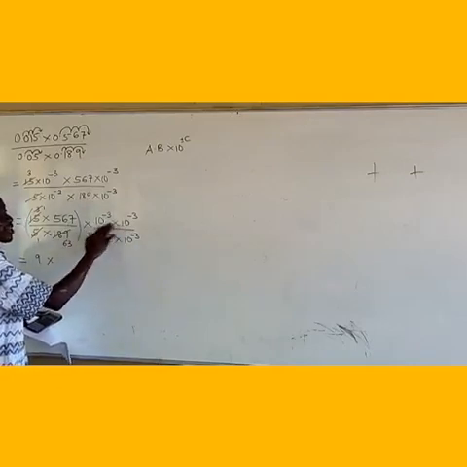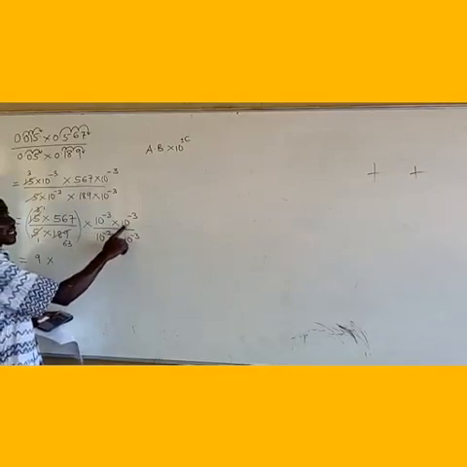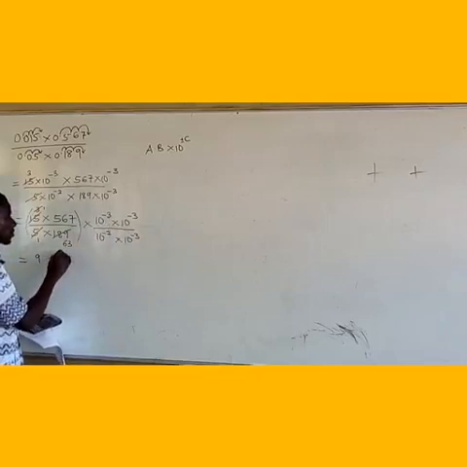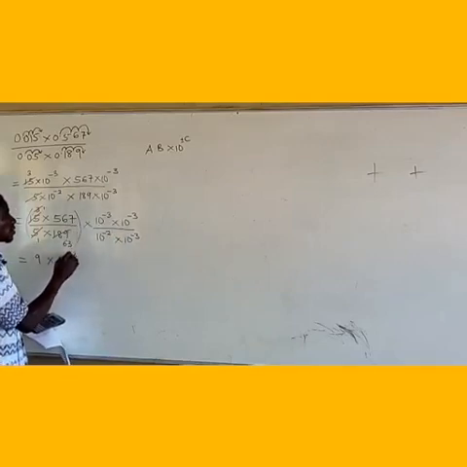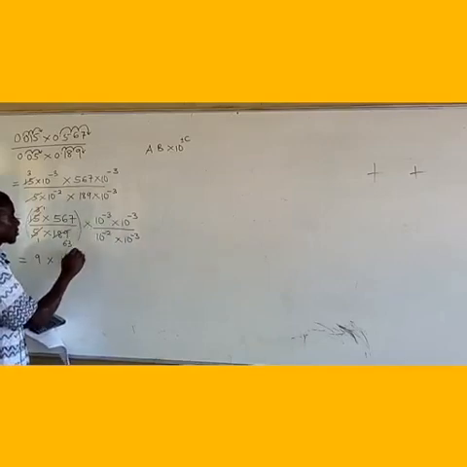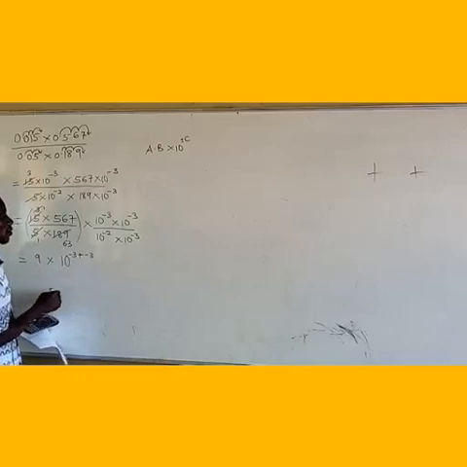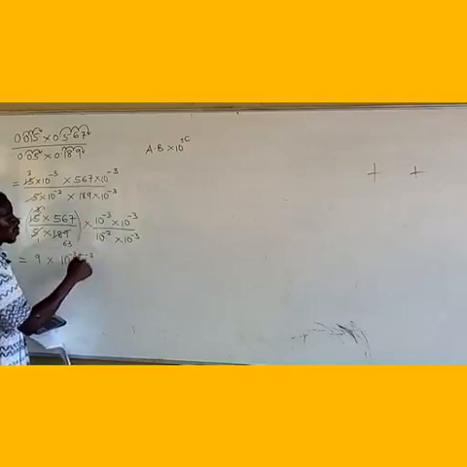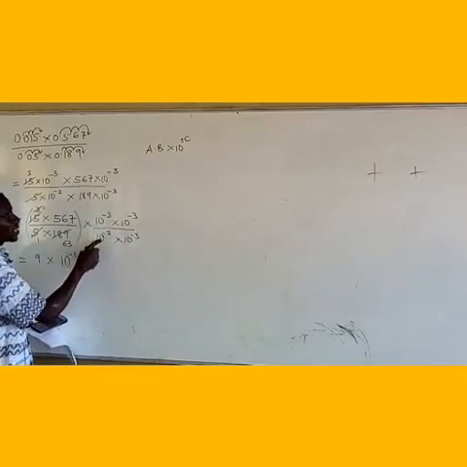So we can simplify using the laws of indices. Since the base is 10 and the sign between them is multiplication, we maintain the base and add the powers, so it will be negative 3 plus negative 3. Now we also have another 10 here, which is dividing. So these are multiplying, that's what I've done here, but this is dividing them.